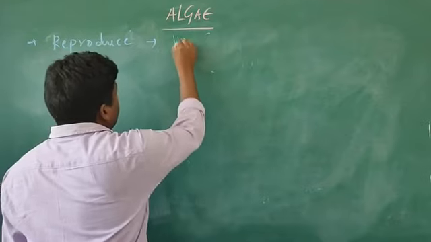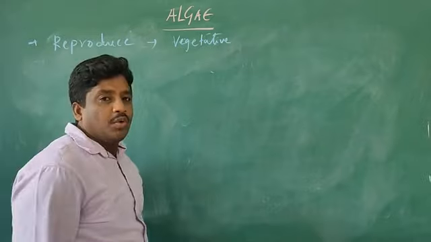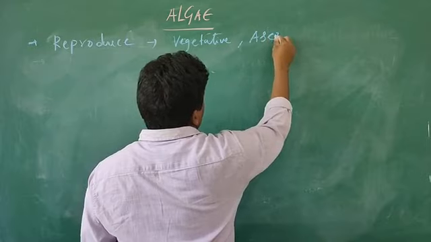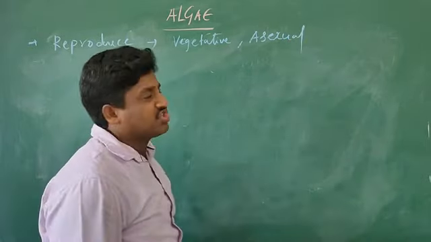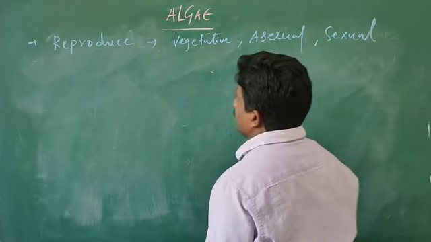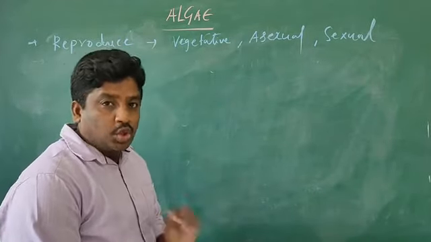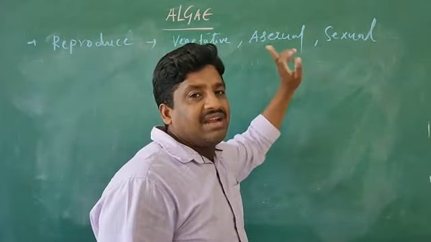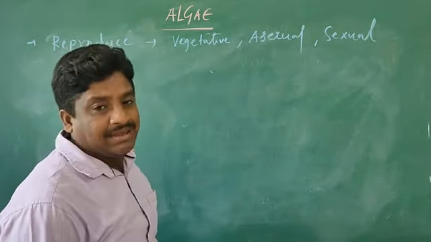First one, vegetative reproduction. Second one, asexual reproduction, and third one, sexual reproduction. The algae reproduce vegetatively, asexually and sexually. Three types of methods of reproduction are present in the algae.